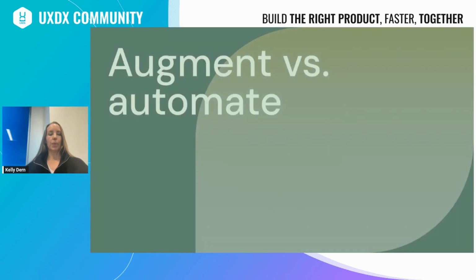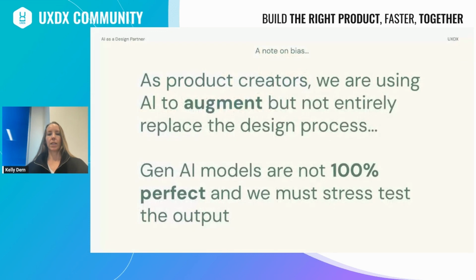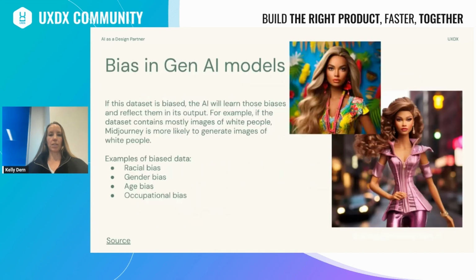Next, let's talk about what this means for product creators: augmenting versus automating your process. A quick note on bias: we want to use these tools to augment, but not entirely replace, our design process. These models are not 100% perfect. I think in the previous talk, we were talking a little bit about bias. So we must stress test the output.